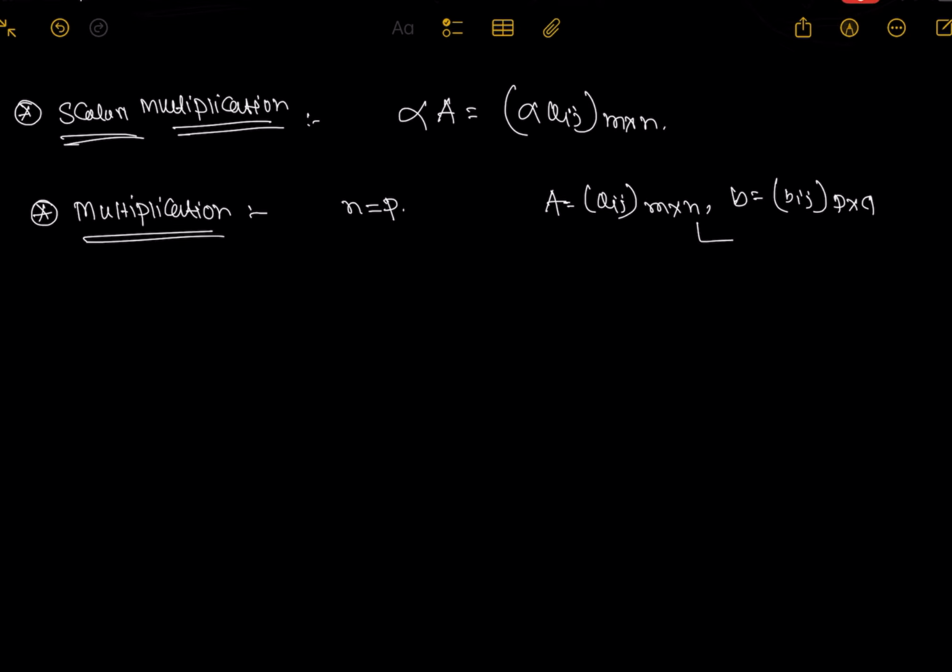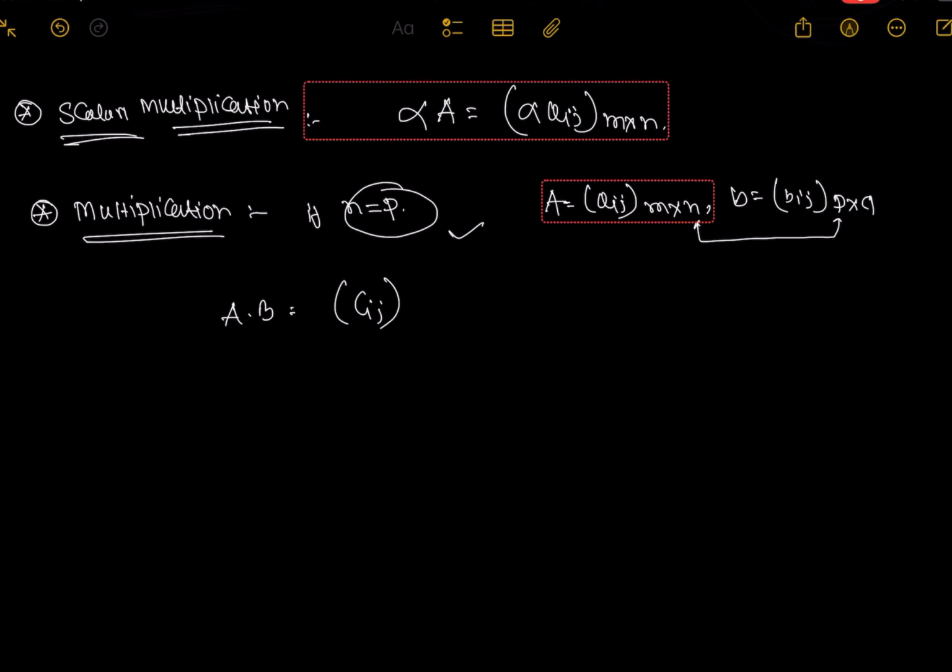Only one thing is required: these two dimensions are the same, then multiplication exists. If n equals p, then matrix multiplication exists. So A dot B equals c of ij, one new matrix. What is the order? This order is m cross q.